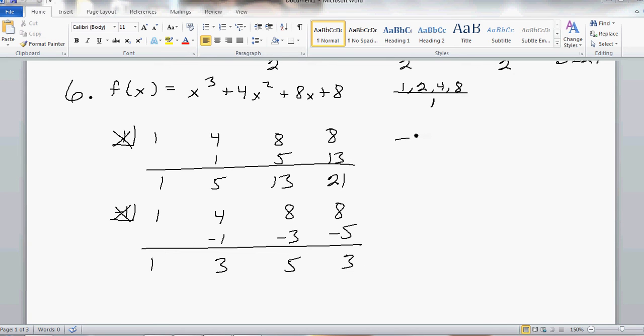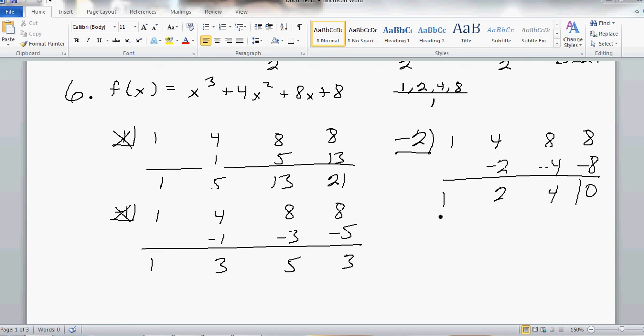Let's try negative 2. 1, 4, 8, 8. 1. Negative 2 is 2. Negative 4 makes 4. And negative 8 will be 0. Ah, there it is. And so I know negative 2 is one of my zeros. But even more importantly, I know x squared plus 2x plus 4 is what is left over.